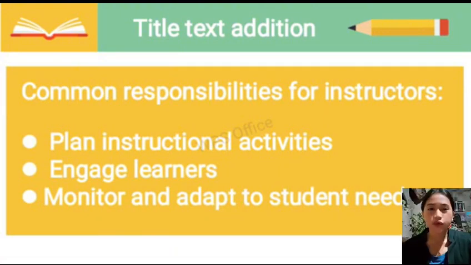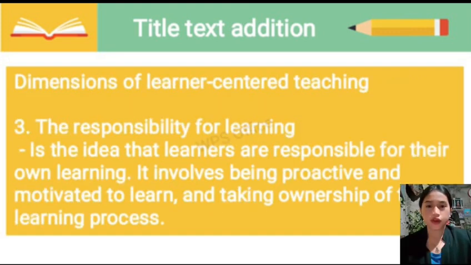Monitor and adapt to student needs. Teachers watch how students are doing and change how they teach in order to help different kinds of learners. This ongoing change not only makes teaching better but also gives students a fair chance to do well and grow in the learning environment. Third is the responsibility for learning.